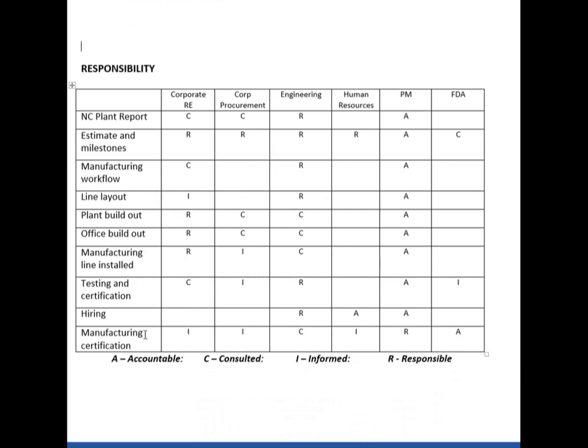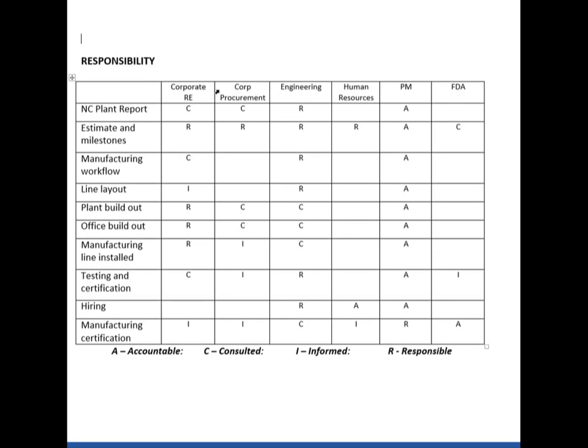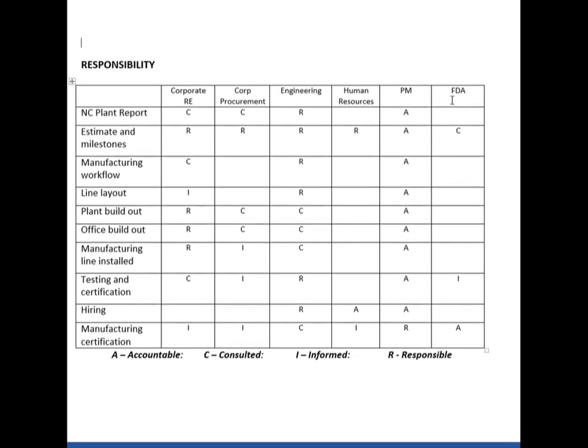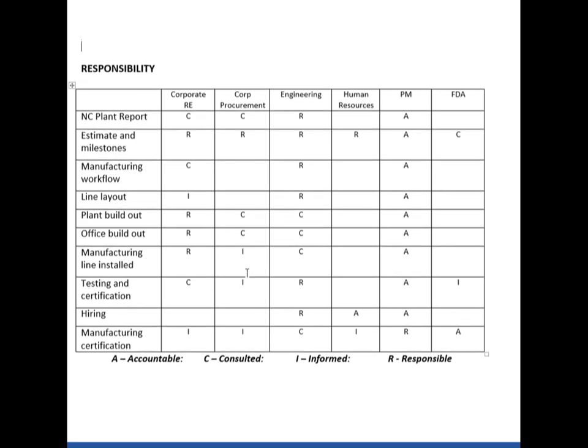Here are the 10 deliverables that I had earlier defined, and across the top are my 6 stakeholders in the project. There are probably more stakeholders involved, but at the outset, I'm just going to talk about, in the RACI, these 6 stakeholders and their role in creating the deliverables.